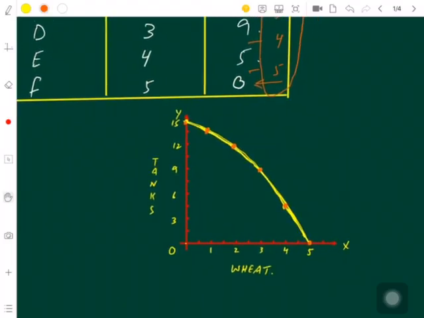Yes, we were right that a production possibility curve is downward sloping from left to right. You can see on the graph it is a downward sloping curve from left to right.